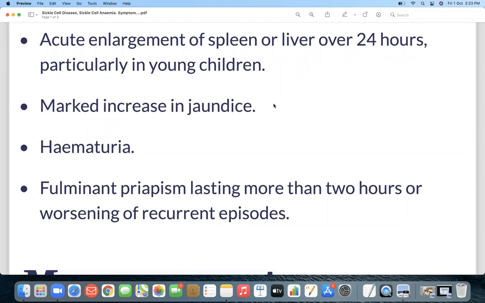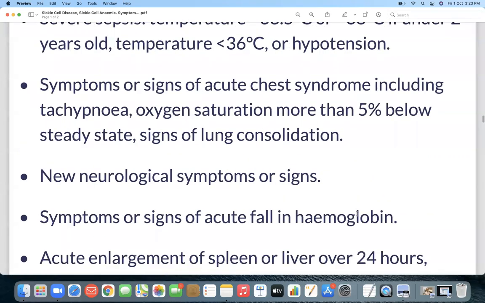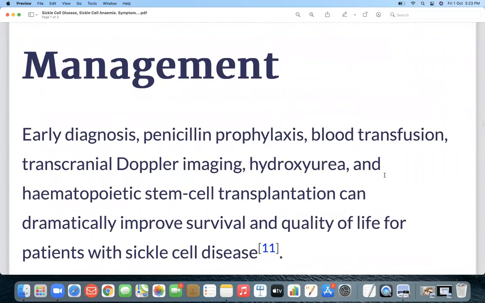Again, the parents should be educated about palpation of the spleen, and the school nurse should be aware that the child has this condition, because sometimes schools arrange excursions, and management is needed for that too.